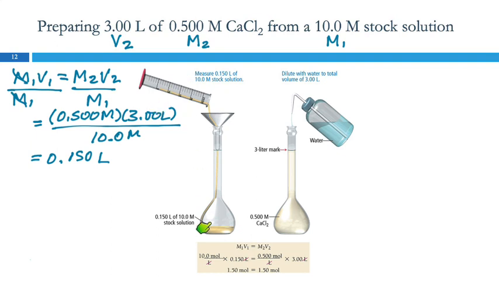We're going to pour it into a flask. And then we're going to add water to the mark, diluting it, changing the volume. But the number of moles in here are staying the same. And we could calculate that. The moles would be 0.500 moles per liter times 3 liters.